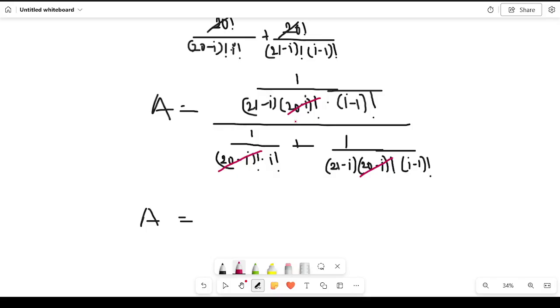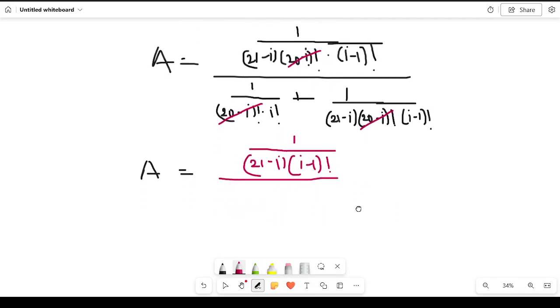Now i factorial can be written as i times (i minus 1) factorial.